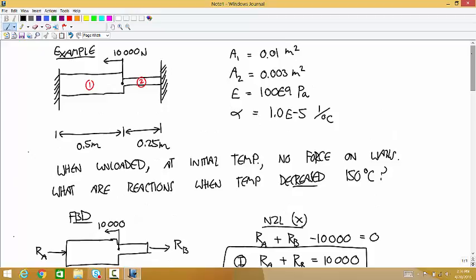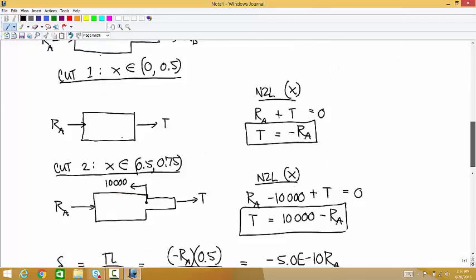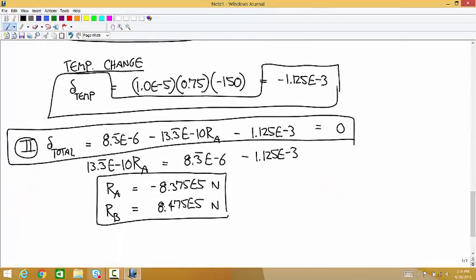RA plus RB is equal to 10,000, right, times 10 to the 5th, so 10,000 is 10 to the 4th, so I think that's right.